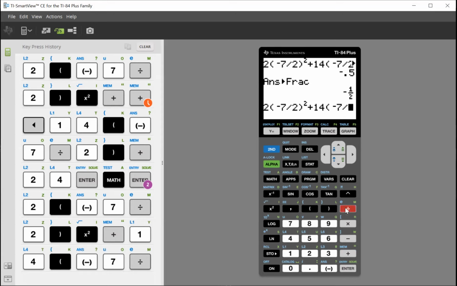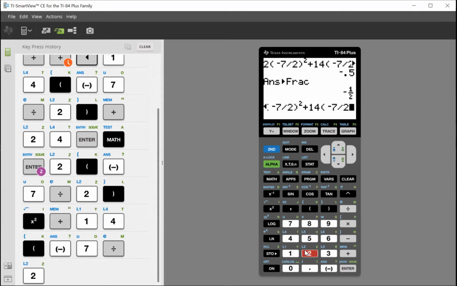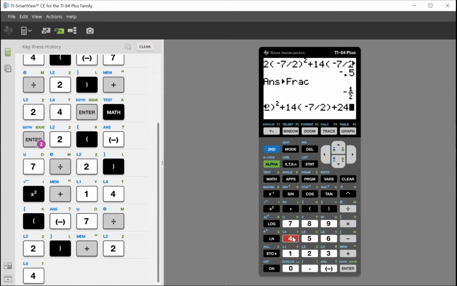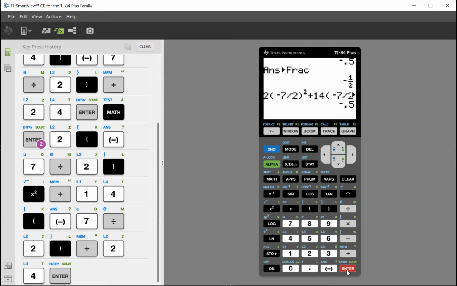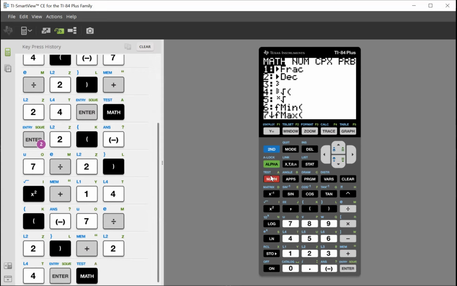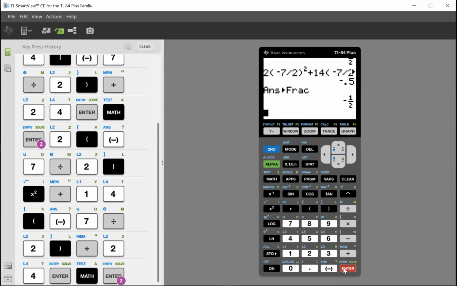And make sure y'all ain't hitting that subtraction, okay? Use them negative buttons. And then at the end was what? A positive 24. Right, then when we hit enter, I get that negative 0.5, which I know is now going to turn into my negative 1/2. I'm not sure what it is I'm doing wrong, but I'm still coming up with -1.